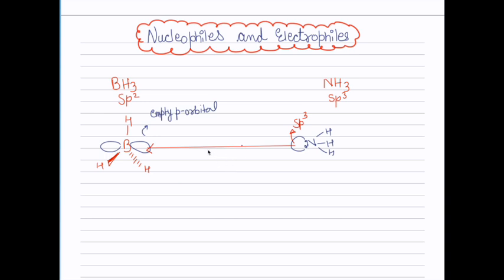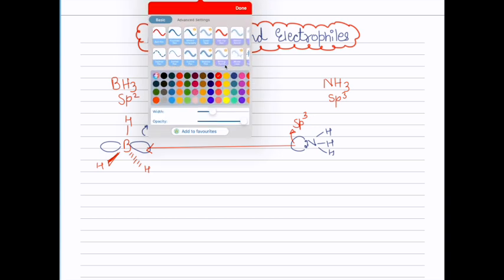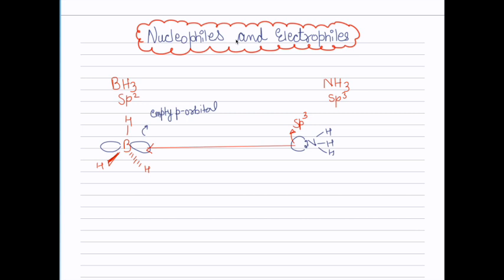So basically we need to work on how this bond is formed. Here BH3 needs electrons and it gets the electrons.